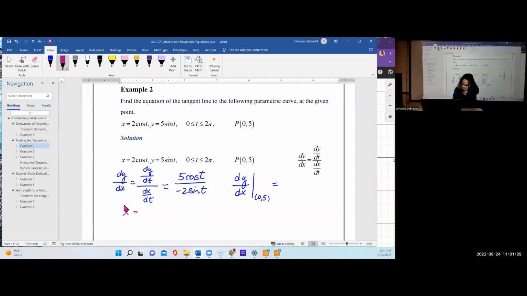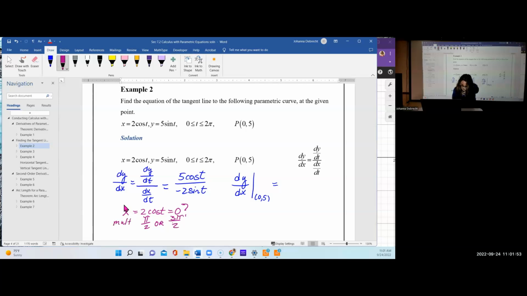So when is x, which is 2 cosine of t, equal to 0? All right. Well, the only way that's going to be 0 is if the cosine is 0. Now, cosine is 0 at pi over 2 and 3 pi over 2. So we can write down pi over 2 or 3 pi over 2. Right?